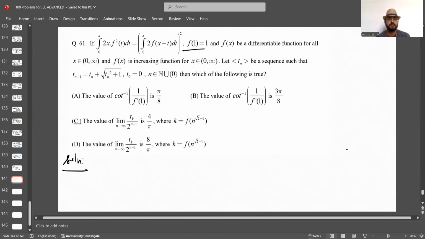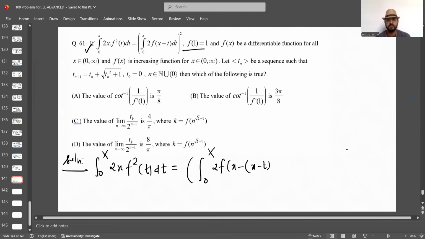So our main point to start with: the integral from 0 to x of 2x into f squared of t dt is equal to the integral from 0 to x of 2 times f of x minus t; we can apply King's property, then we'll get this.